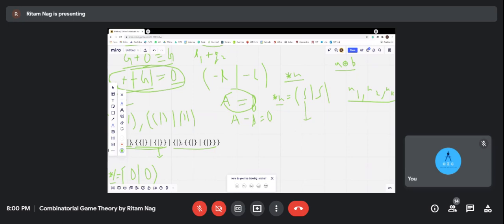You're on the right path. So maybe try small cases for n. When will n be 0 or when will n be 1? Can you make guesses for those?